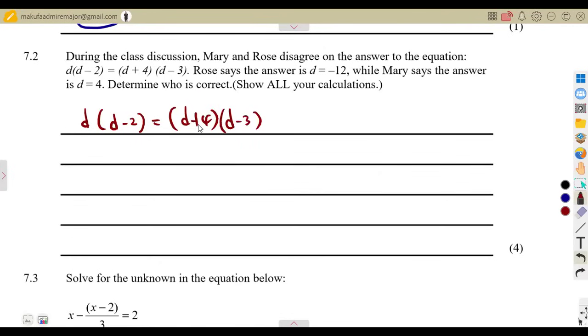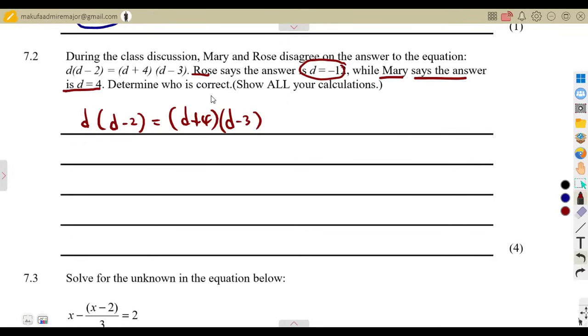I dealt with these equations as introductions, so make sure that you revise those equations so that you have a full understanding of how to solve equations of these. Rose says the answer is D is equal to minus 12. This is the answer of Rose, while Mary says the answer is D is equal to 4.